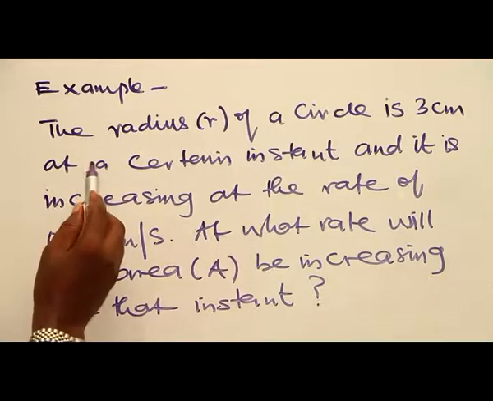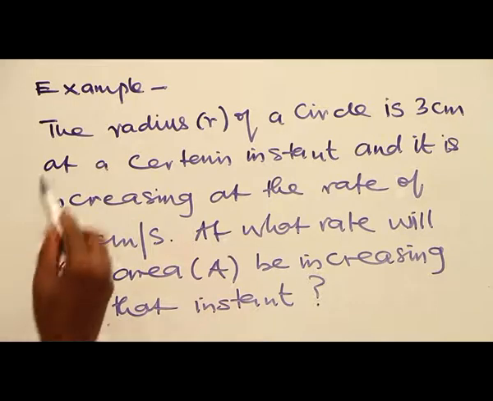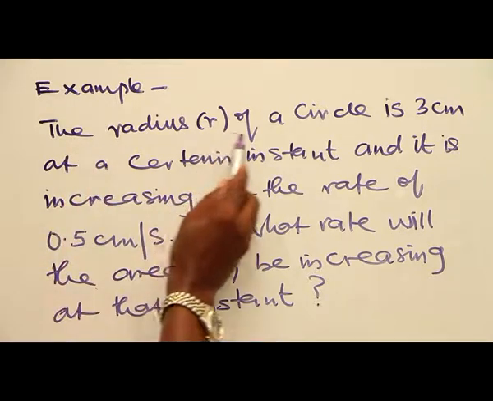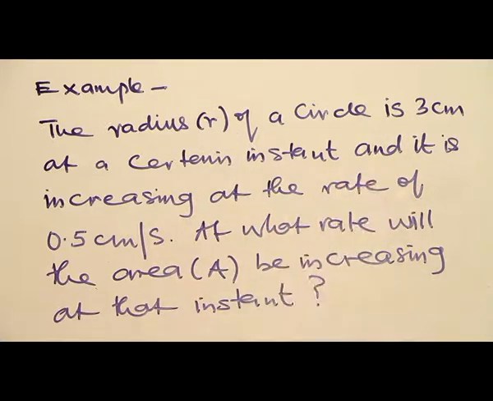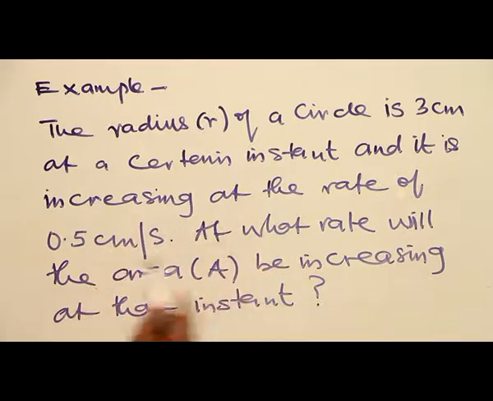Let's take an example on comparing the rates of change. The radius r of a circle is 3 centimeters at a certain instant, and it is increasing at the rate of 0.5 centimeters per second. At what rate will the area A be increasing at that instant?